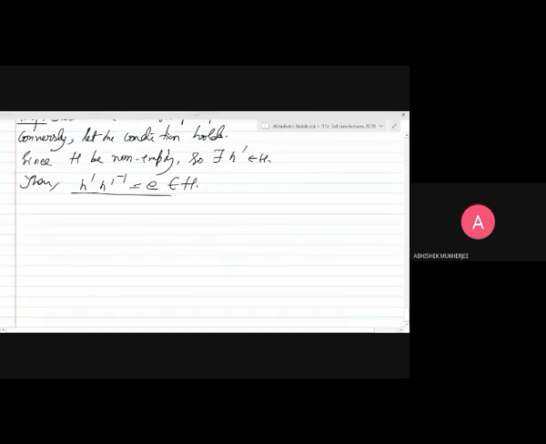Now suppose it is true that h dash inverse equals the identity.